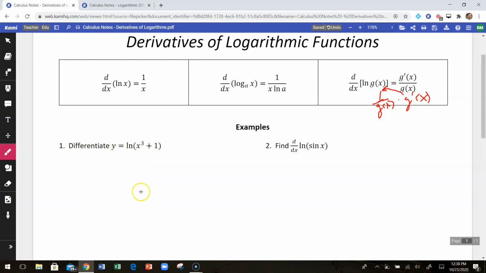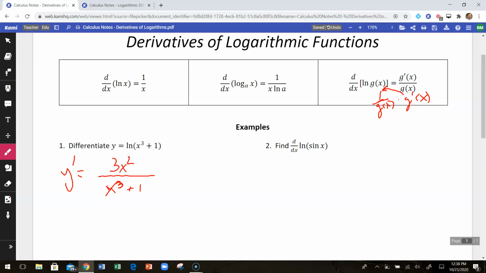Differentiate y equals the natural log of x cubed plus 1. So y prime, I've got the natural log of a function, so I'm going to do the original function on bottom, x cubed plus 1, and then I'm going to chain on the derivative of the inside function, which would just be 3x squared, and put this on top.